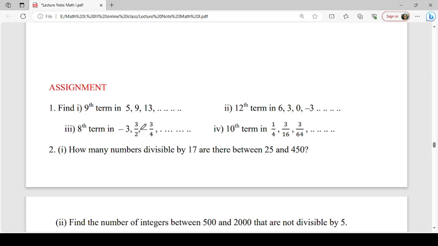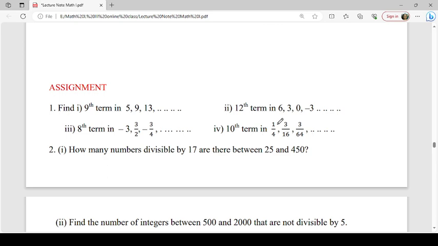So 3 by 2 into minus half, minus 3 by 4 into minus half. So R is minus half here, and A is minus 1 by minus 3. Here A is 1 by 4, R is 3 by 4.